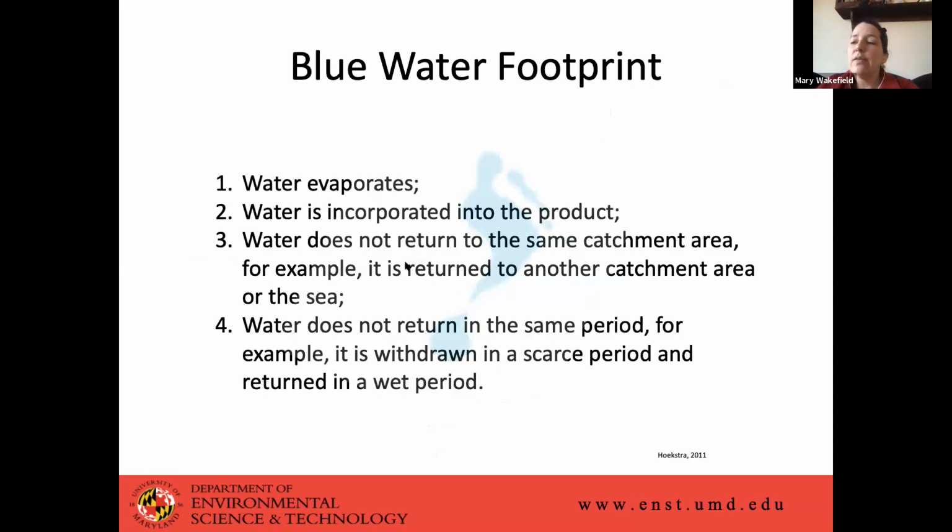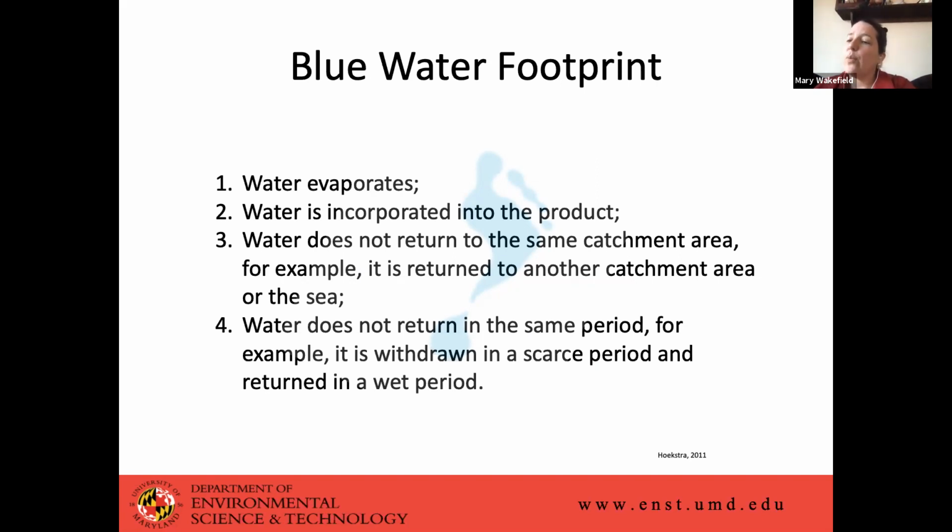Okay, so we're going to start looking at how water footprinting can analyze how changing up what water use is put into corn irrigation.